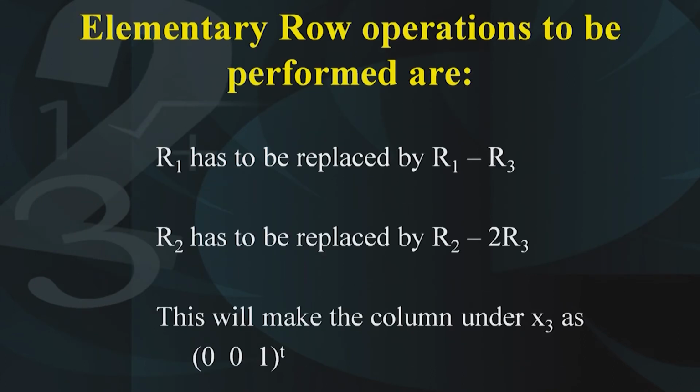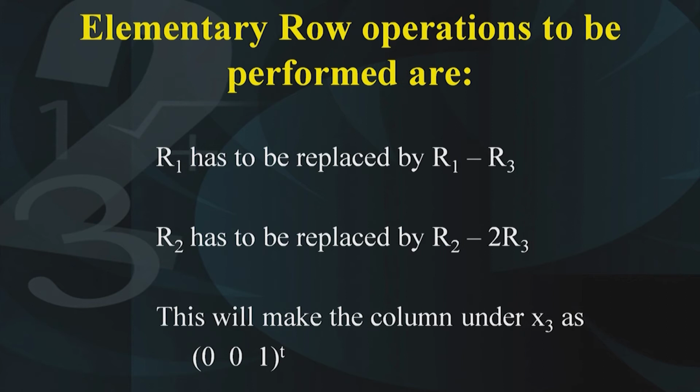We will perform the elementary row operations like this: the first row R1 has to be replaced by R1 minus R3, because we have to make this third column 0, 0, 1.